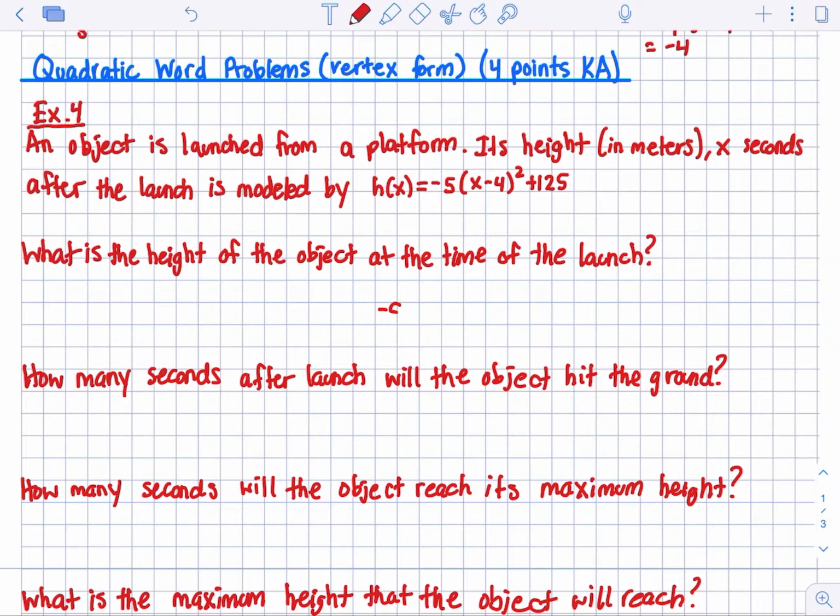So, -5x squared minus 8x plus 16, -5x squared plus 40x plus 45.